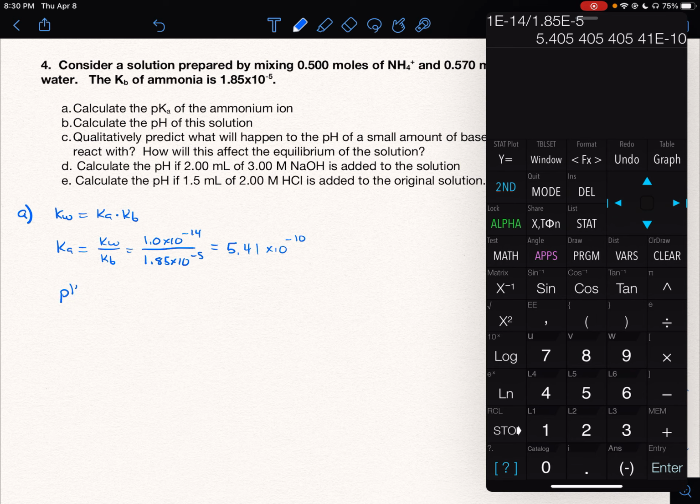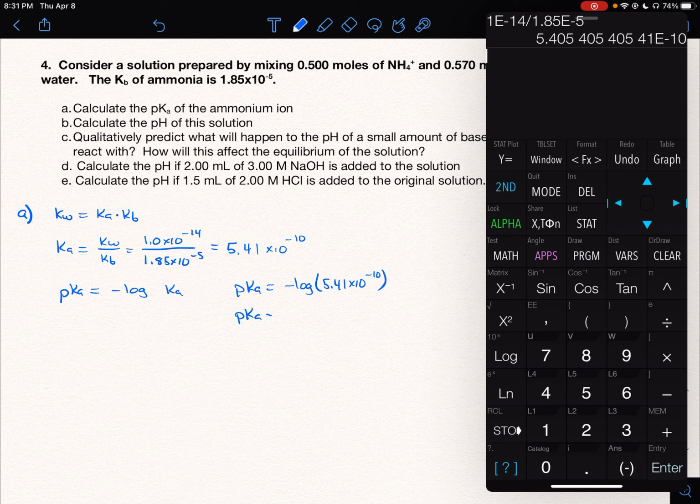And so then the pKa is just going to be equal to the negative log of the Ka. And so our pKa is going to equal negative log of our 5.41 times 10 to the negative 10th.